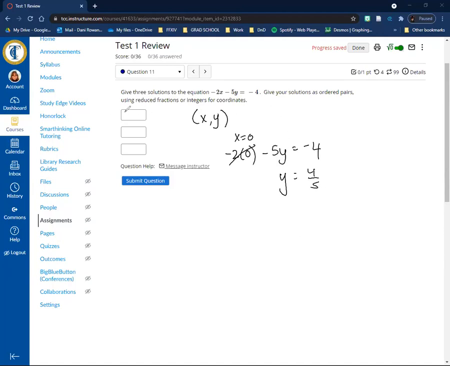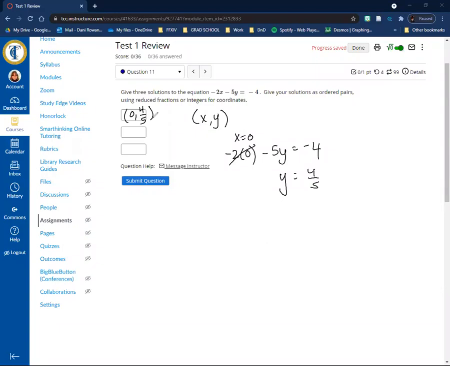So what would your ordered pair be then? Would it be 0, comma, 4/5? Yeah. Exactly. Likewise, you could plug in 0 for Y and solve for that, or even plug in a 1 for X or a 1 for Y. That one's really open to you.